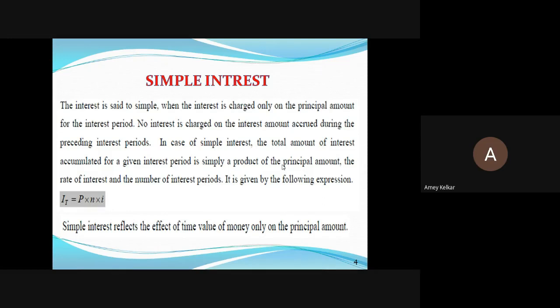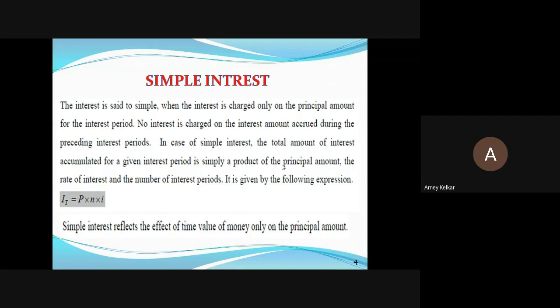Further, I have taken a small example which will make the things clear. In case of simple interest, the total amount of interest accumulated for a given period is a simple product of principal amount and rate of interest. So we did not break our head to find a simple interest. It is just the multiplication of P, which is the principal amount, N is the period or number of years, and I is the rate of interest.